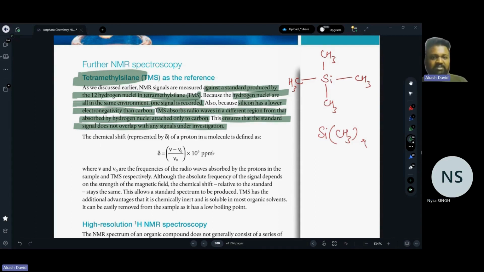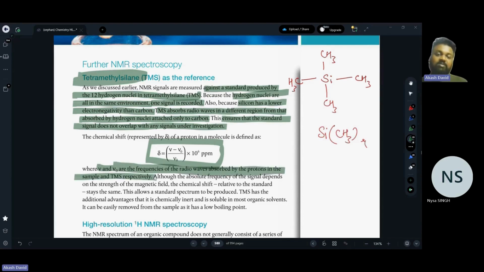Anyways, the chemical shift of a proton is defined by this particular formula. Please understand this formula. Here nu and nu naught are the frequencies of the radio waves absorbed by the protons in the sample and in TMS. Based on this formula, we can figure out the chemical shift. We learned about chemical shift last time, right?